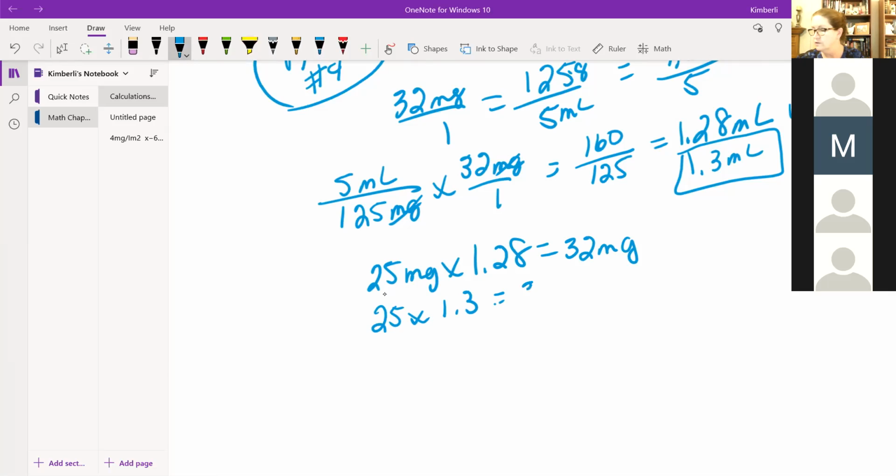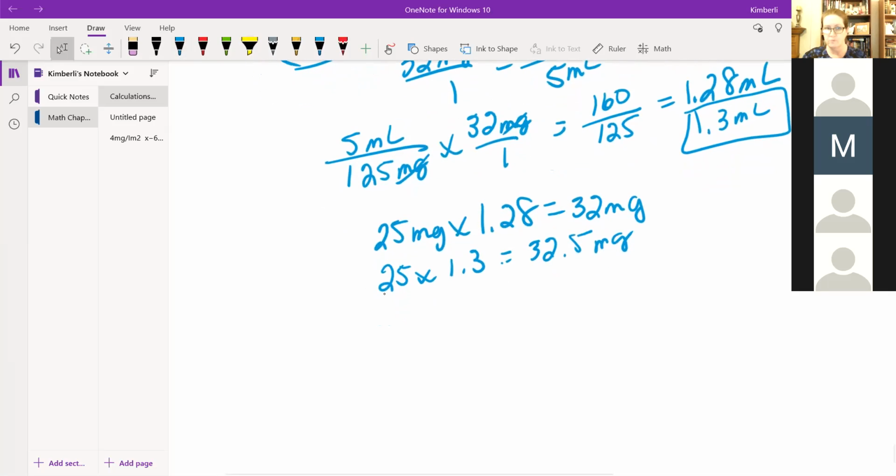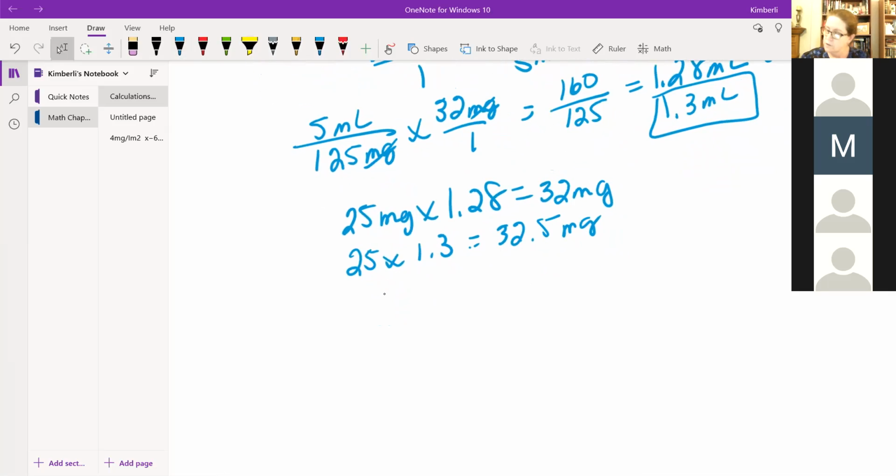That's going to give me 32.5 milligrams. So it's going to be 0.5 milligrams over, right? So let's look at what we call percent error. 0.5 divided by 32 times 100. And it's about 1.56%.